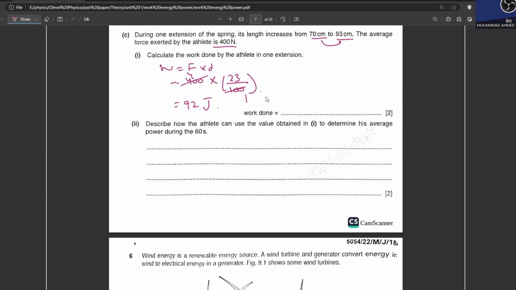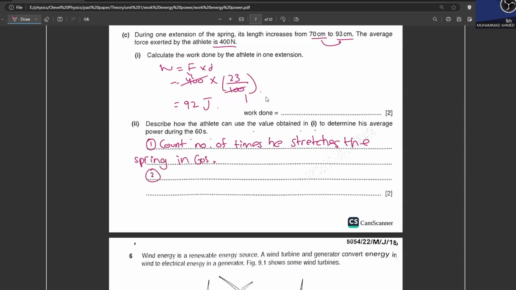Describe how the athlete can use the value obtained in part 1 to determine his average power during 60 seconds. What can the athlete do? The athlete can count the number of times he stretches the spring in 60 seconds.